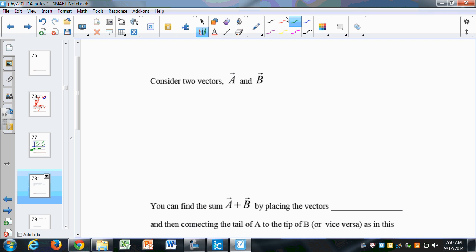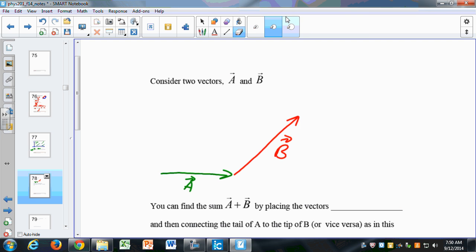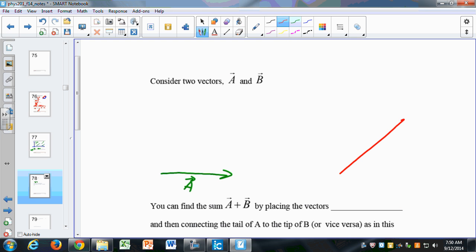So let's say that I have a vector A that looks like this, and then I have a vector B that looks like this. You can draw it like this, but I'm going to show you something. So I have a vector A like that, and then my vector B is over here somewhere. I can take that vector B. Remember, I can move a vector around however I want, as long as I keep the same magnitude and direction.